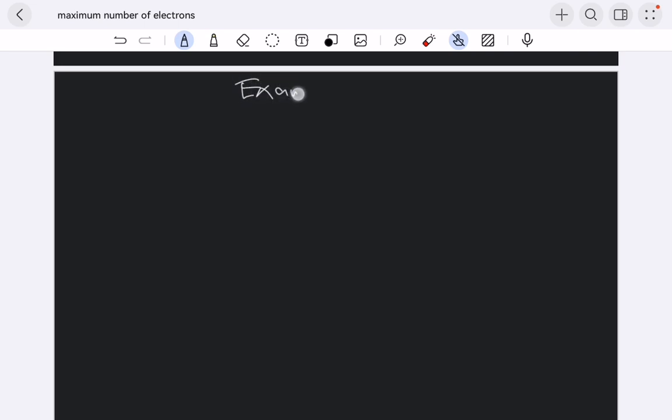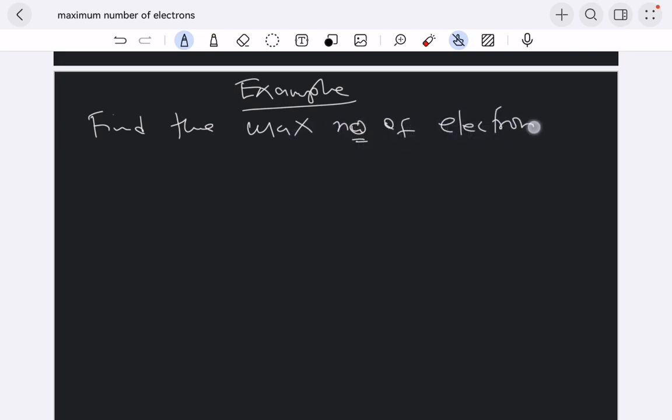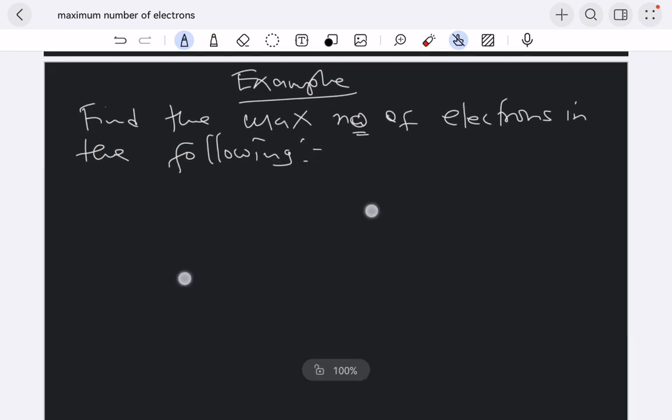Now, let's look at an example where we have different quantum numbers involved. Say, find the maximum number of electrons in the following. When we are given a set of quantum numbers, for example, question 1, when n is equal to 4, then ms is equal to positive half.